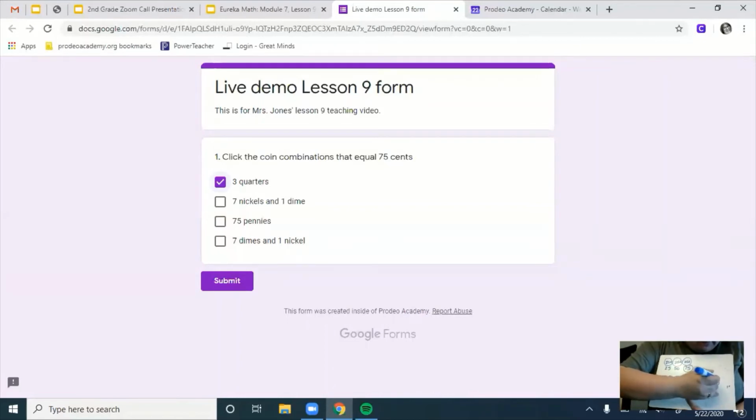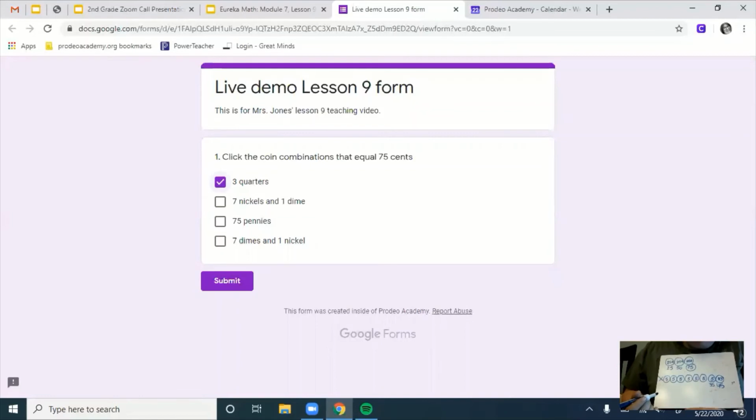Right, 10. So I'm going to go ahead and skip count. 5, 10, 15, 20, 25, 30, 35. I'm not going to get tricked. 35 plus 10, 35, 36, 37, 38, 39, 40, 41, 42, 43, 44, 45 equals 45. Oh, I'm not going to get tricked. That one does not equal 75 cents.